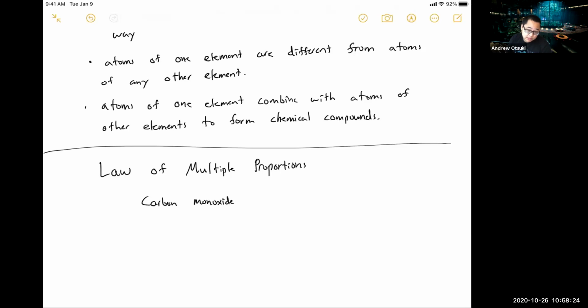That's why when you inhale smoke, it feels so powerful: carbon monoxide can enter your bloodstream more easily and be attracted to hemoglobin, and it will displace the oxygen. That's why people die from CO poisoning. But anyway, carbon monoxide has one carbon atom and one oxygen atom.